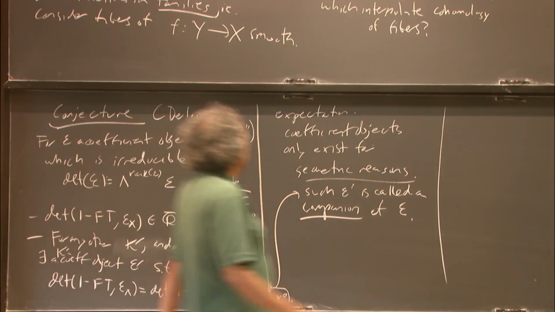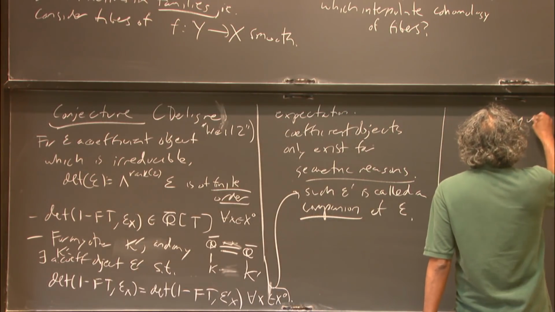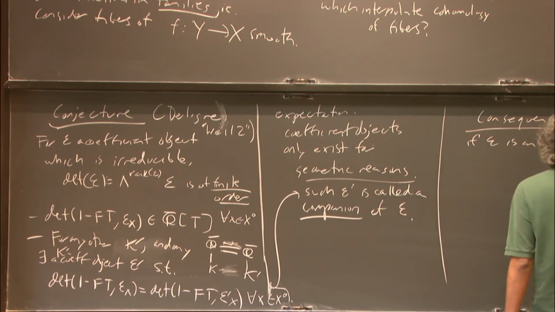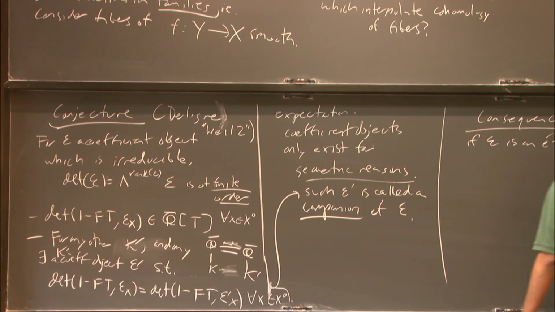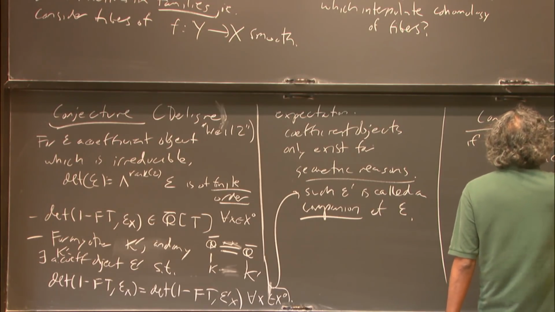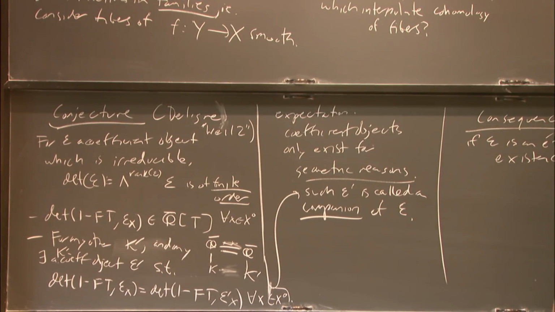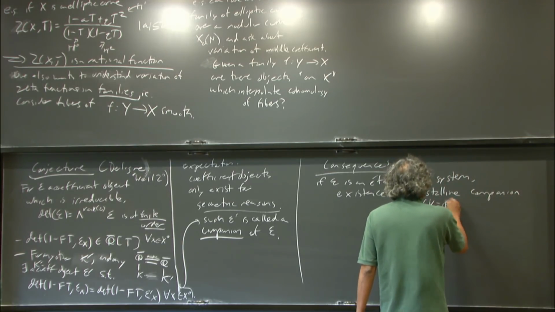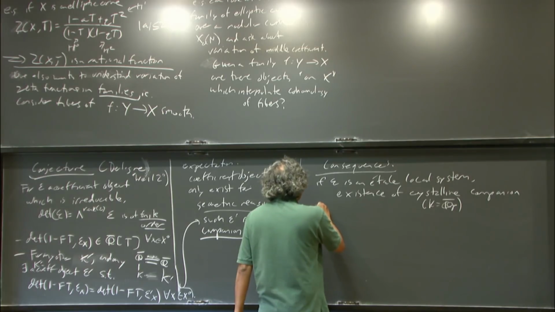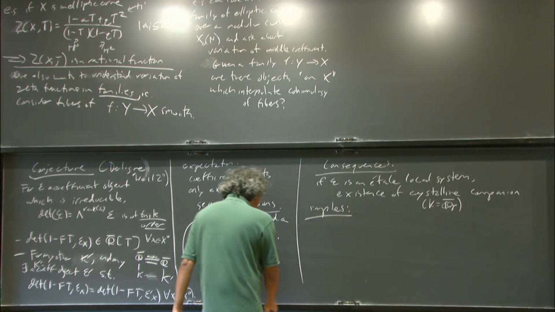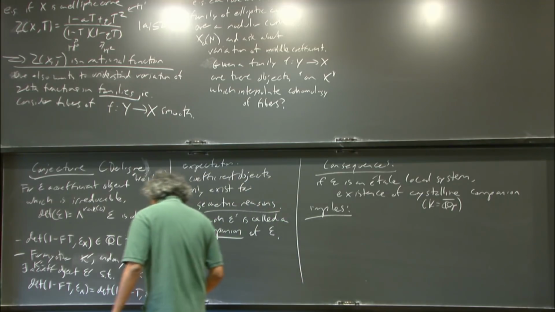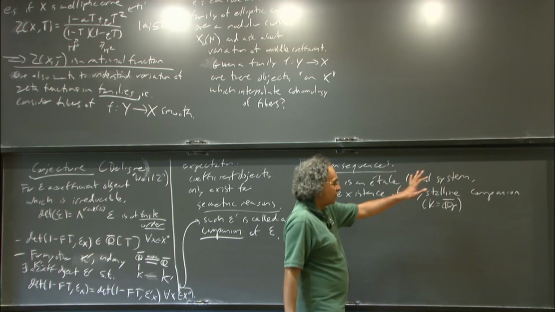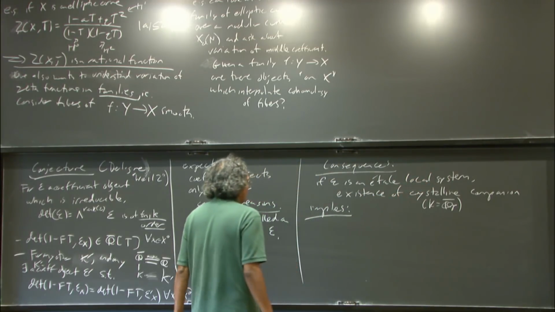I should also mention some more down-to-earth consequences. So if E is an étale local system, the existence in particular of a crystalline companion, and crystalline I'm just going to mean as a shorthand for taking k to be Q_p bar, knowing the existence of a crystalline companion tells you a lot of concrete things about these characteristic polynomials.